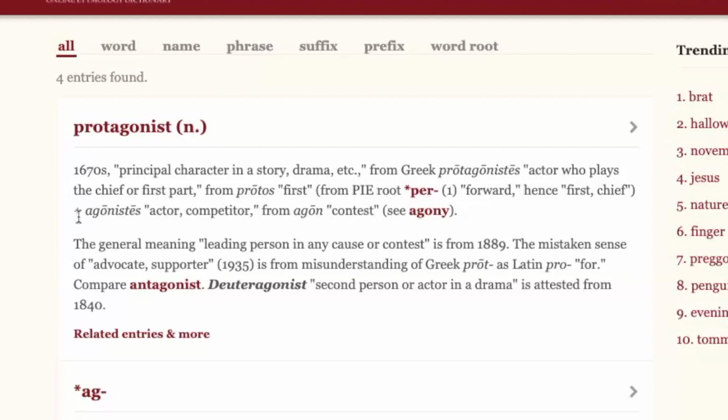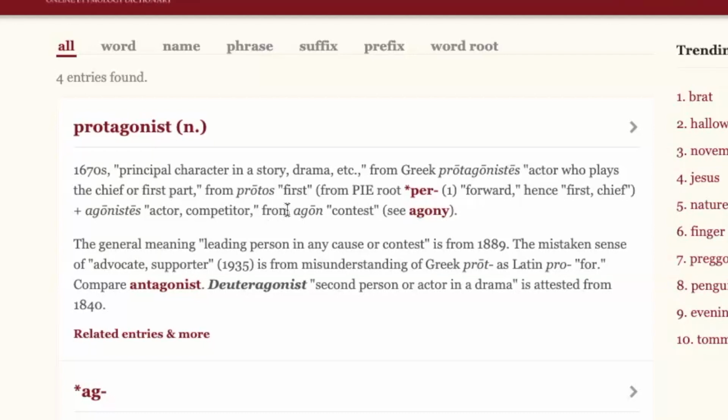Then we go to, again, I don't speak Greek, agonistes, meaning actor or competitor. From agon, meaning contest. Okay, so we can see here this agon directly from Greek. So this is a Greek origin word that we're dealing with.